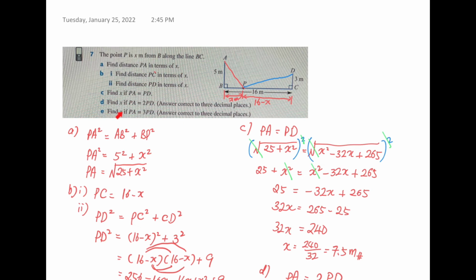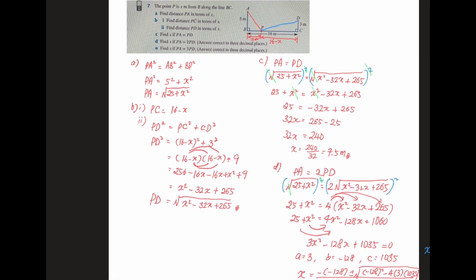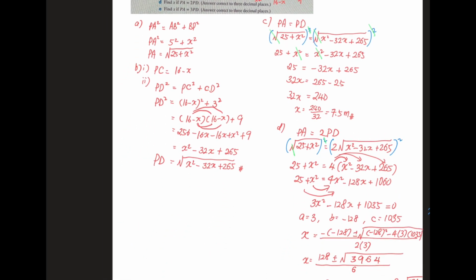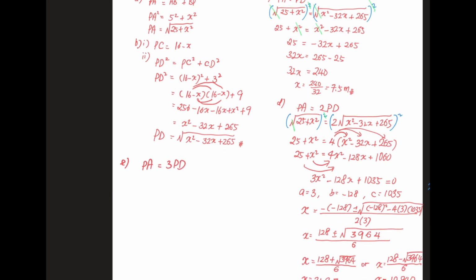Find x if PA equal to 3 PD. Okay, so let's do it here on the left hand side, part E. PA equal to 3 PD. Again, PA we have square root of 25 plus x squared, equal to 3 times, for PD, square root of x squared minus 32x plus 265.